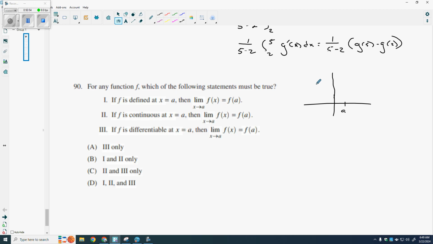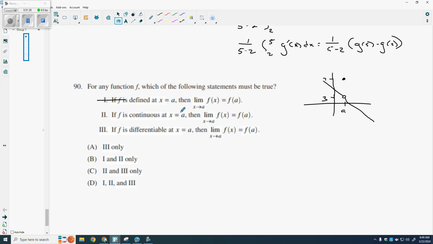If I cruise down here, open circle, keep on cruising, and this is some number 3, and I define this as 7, f of a does not equal the limit as x approaches a. The limit is equal to 3, but I'm defining f of a to be 7. This does not have to be true.